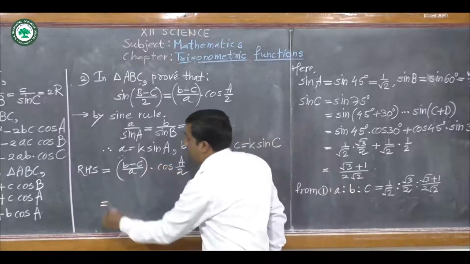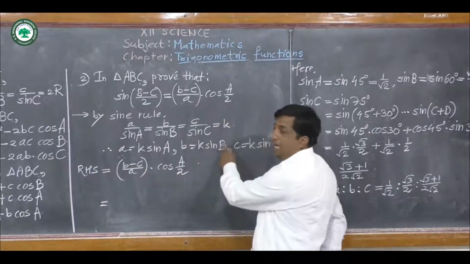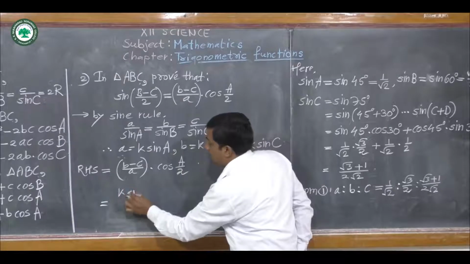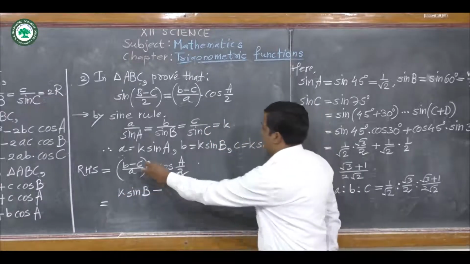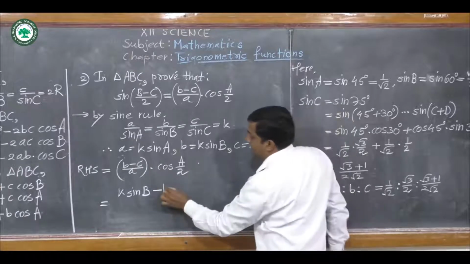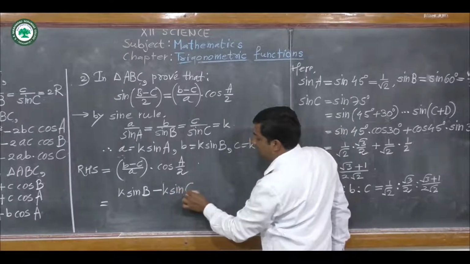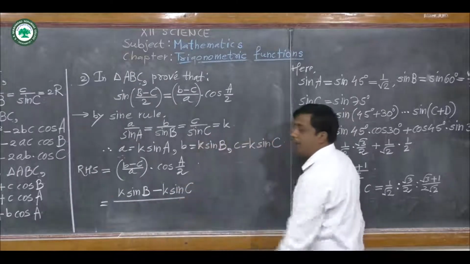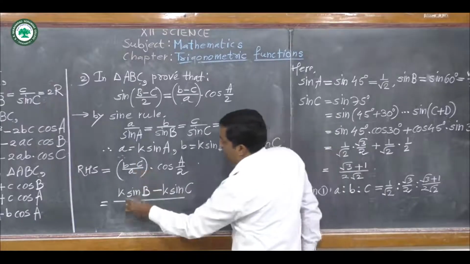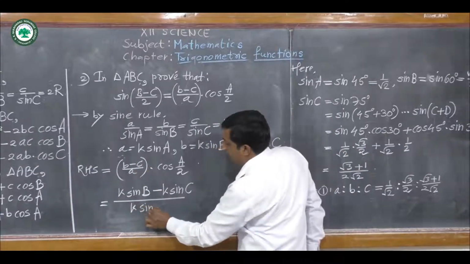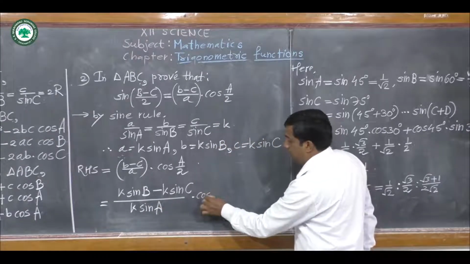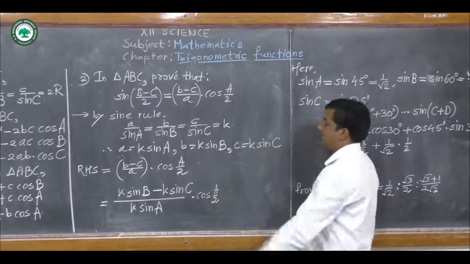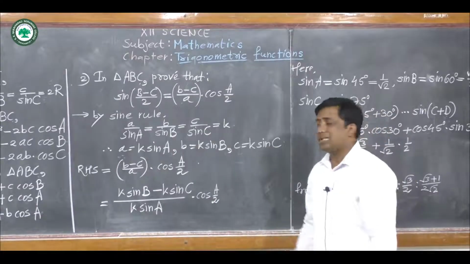This is equal to b replaced by k sine B, minus small c which is k sine C, divided by a which is k sine A, into cos of A by 2 as it is. We keep this as it is.